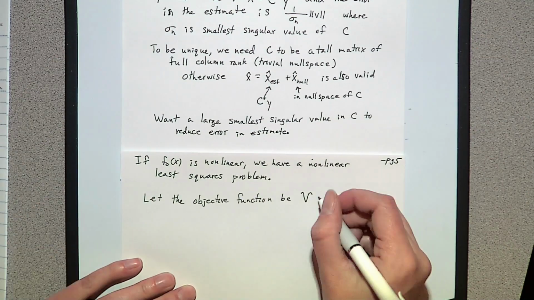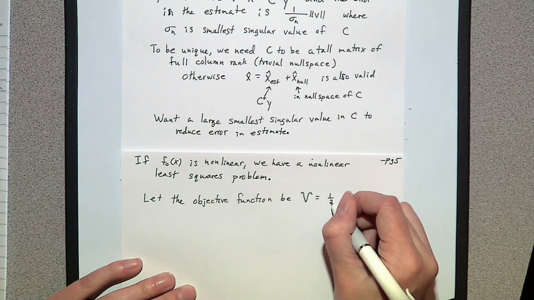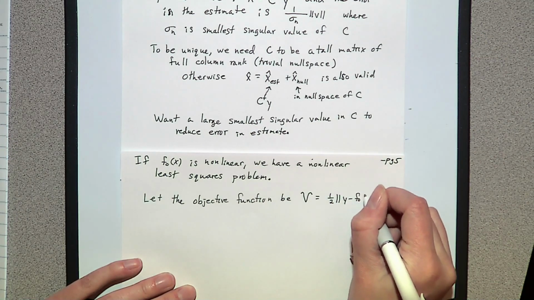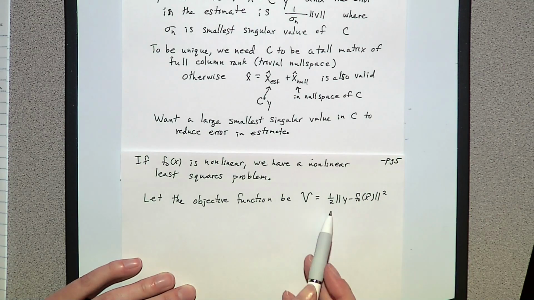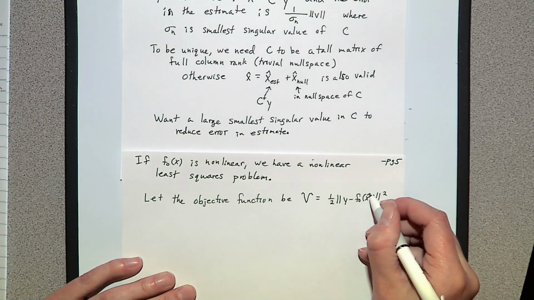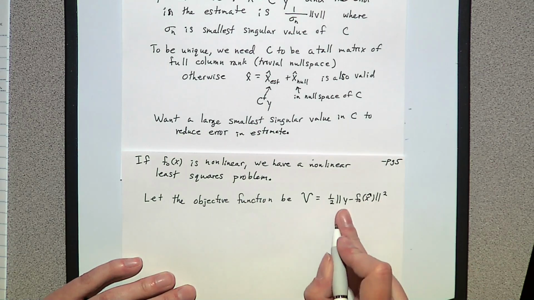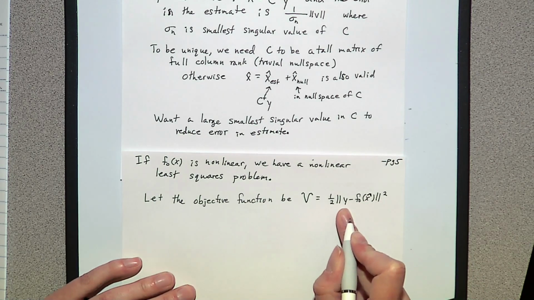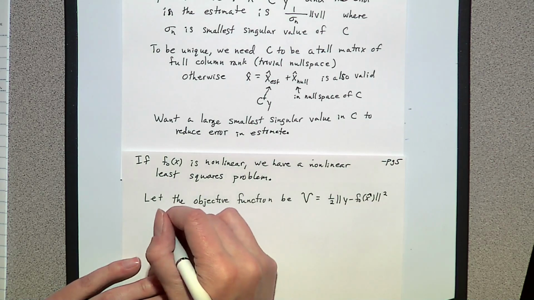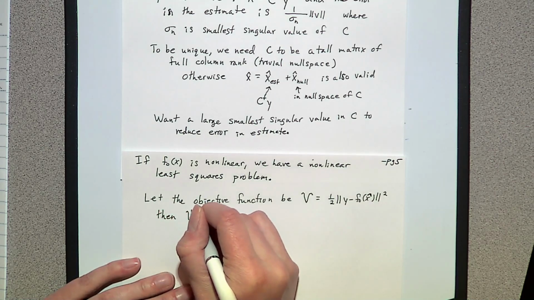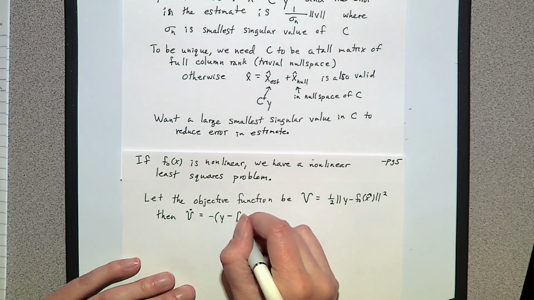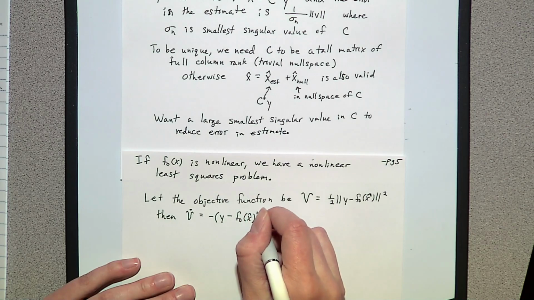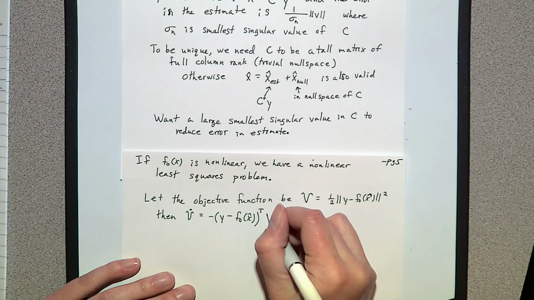So if our objective function V is 1/2 the norm of y minus f0(x hat) squared. All right, so we're trying to find the estimate of x which minimizes the error with our measurement. And then we could compute the derivative of that as this somewhat complex thing here.